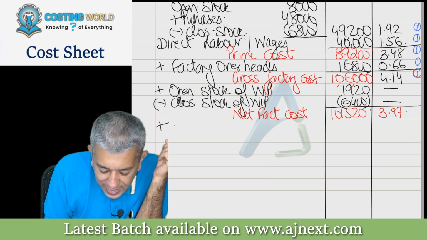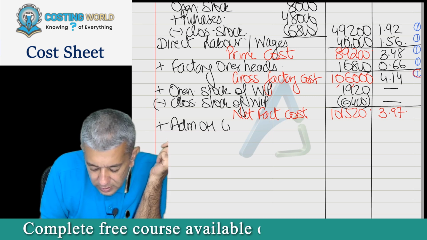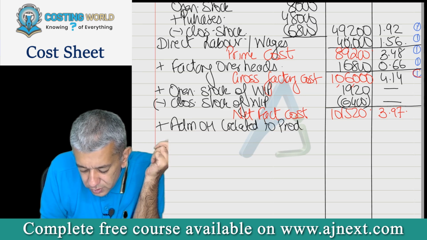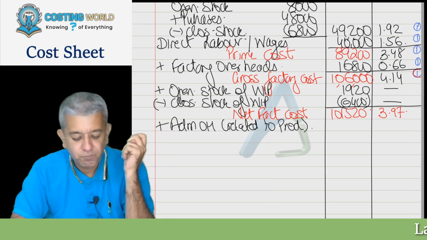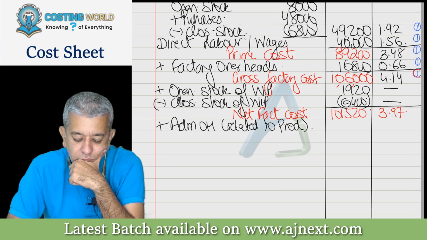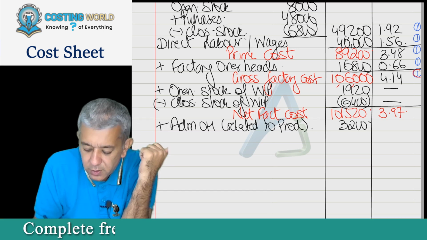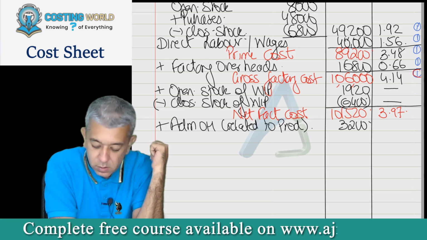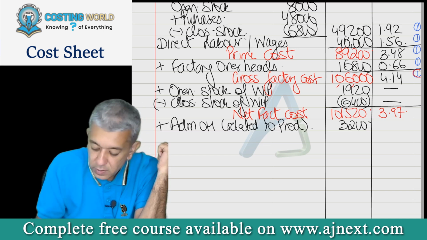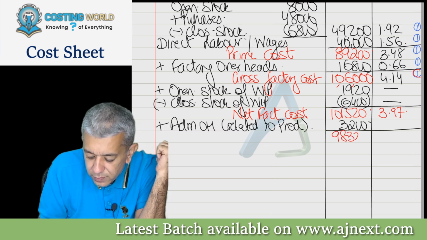Now add administration overheads related to production. That is 3,200. 98,320.